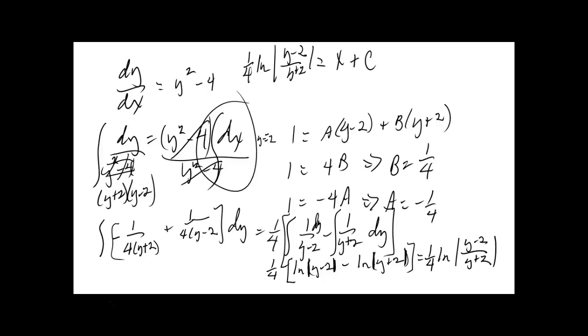In this original form, there's no problem with y equal plus or minus 2. Then you would have just a constant function, because the derivative of a constant function is 0. But for the rest of the solutions, you would lose it. So I think that may also be what they call singular solutions or something like that.